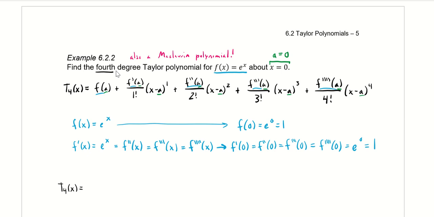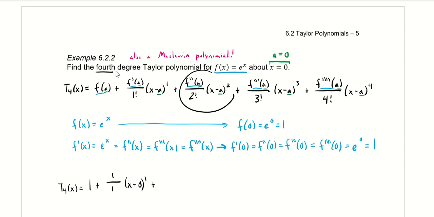So let's plug everything in. First thing, my function value at a, we said that was 1. Plus, now let's look at our first derivative term. Our first derivative is also 1 over 1 times x minus a, a is 0, to the 1. That's this piece here.